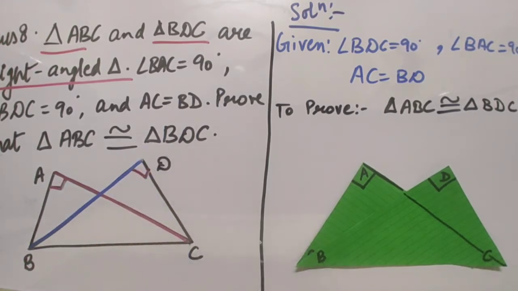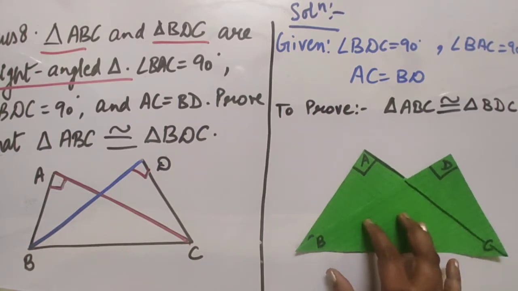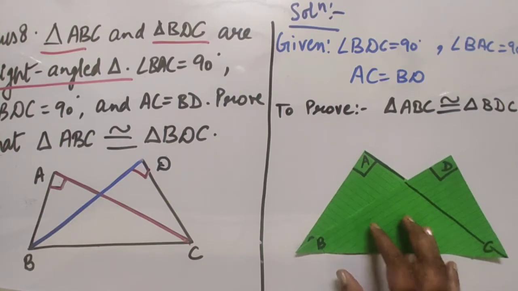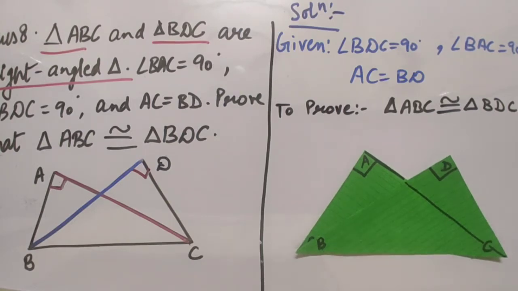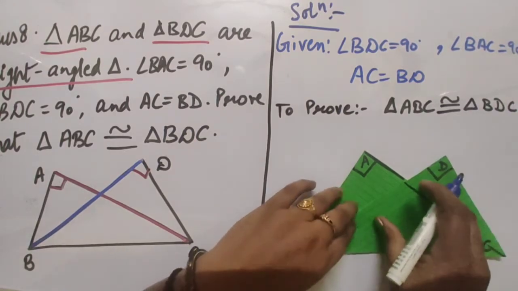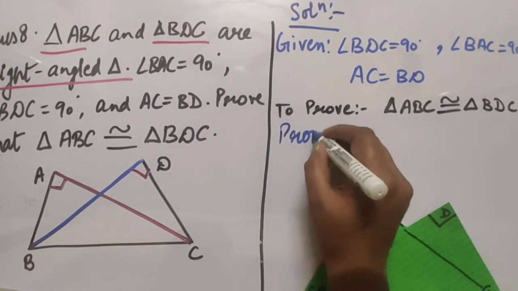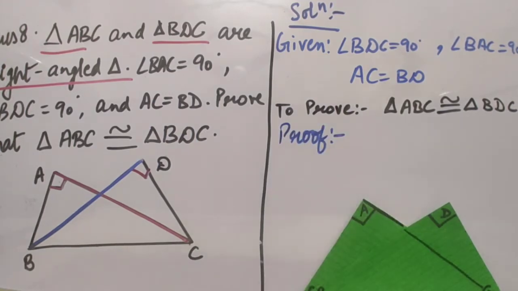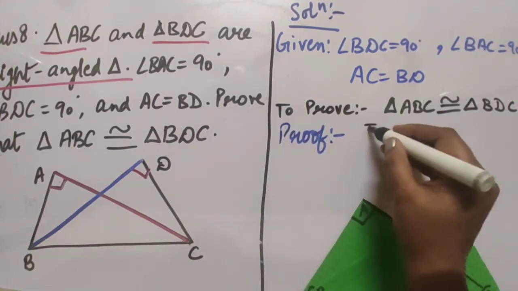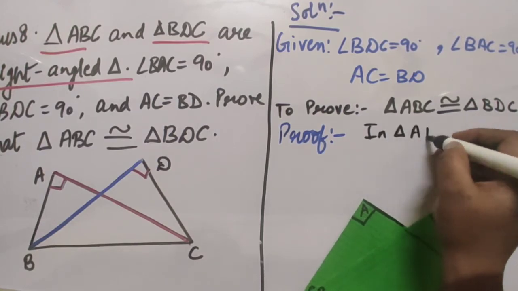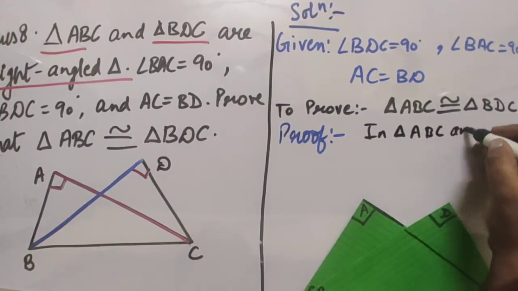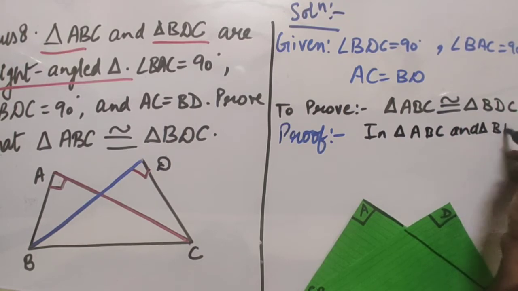So let's start with the question. Already I have written the given portion and the to prove portion. And here I have my triangles ready for you. So we are going to prove whether these triangles are congruent or not. Now we have learned that in the proof part, we will write in triangle ABC and triangle BDC.